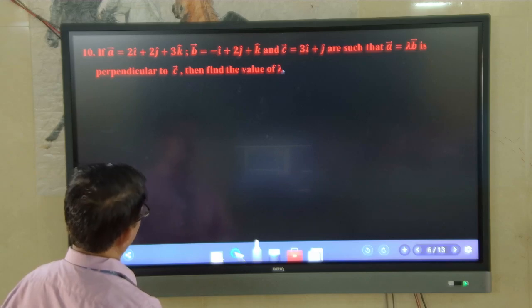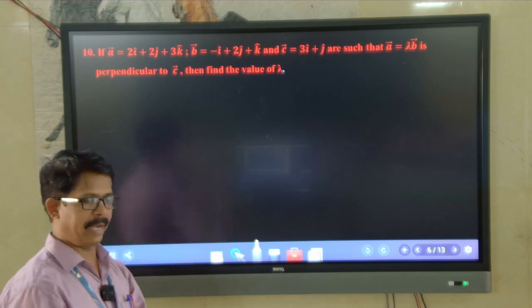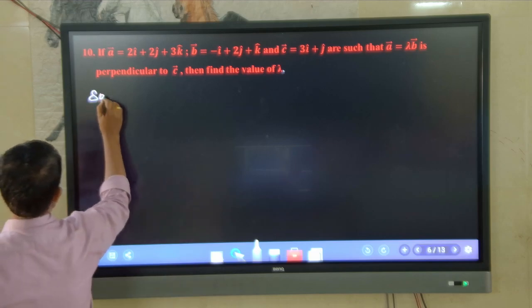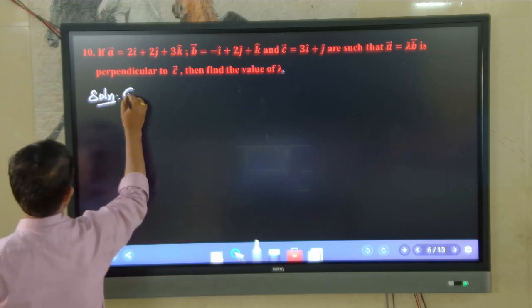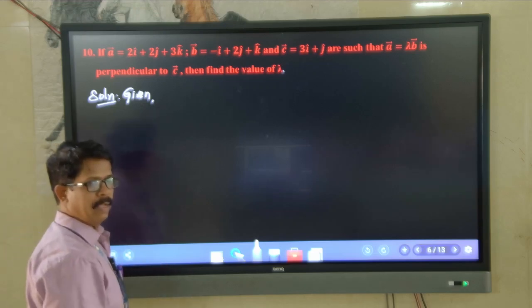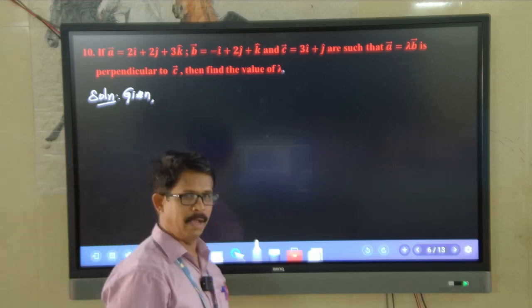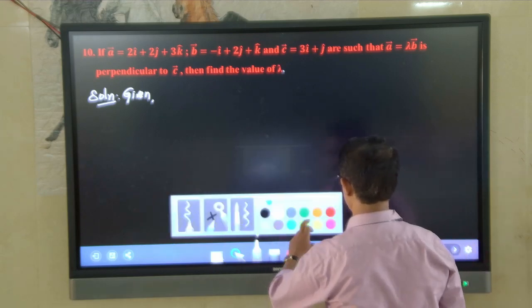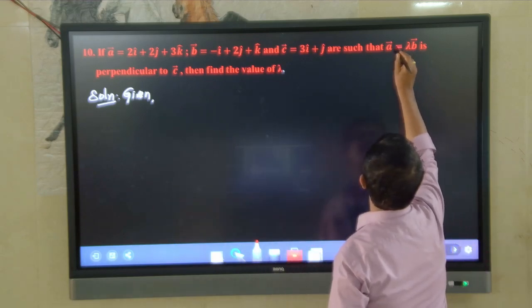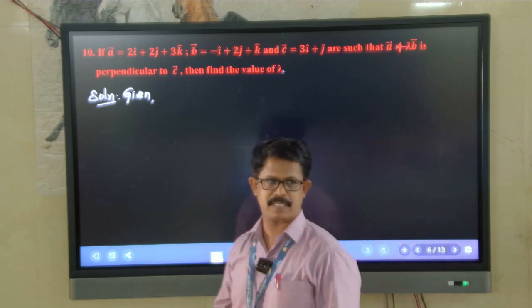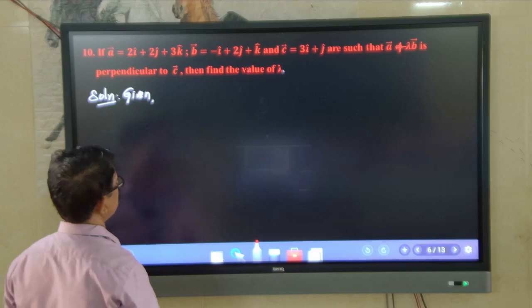Check the question, is it correct? That is the doubt: a vector plus lambda b vector. That's why I asked you. When you think like this, you are unable to get the answer. Okay, yes.